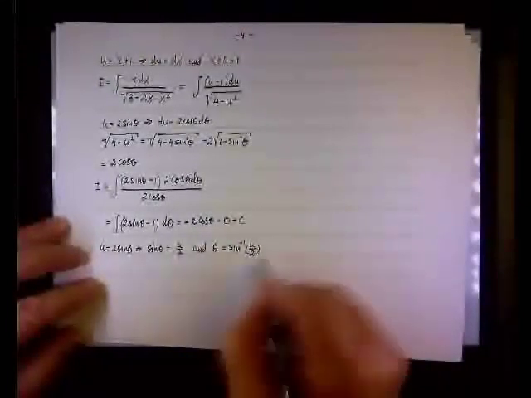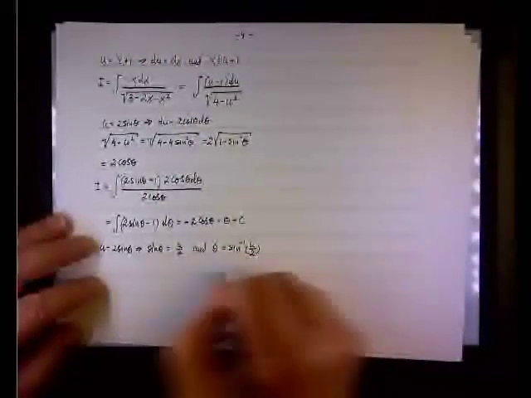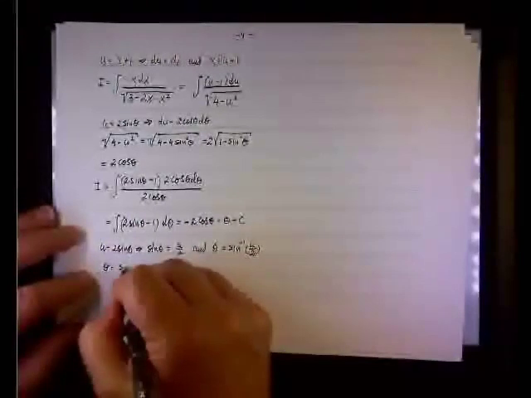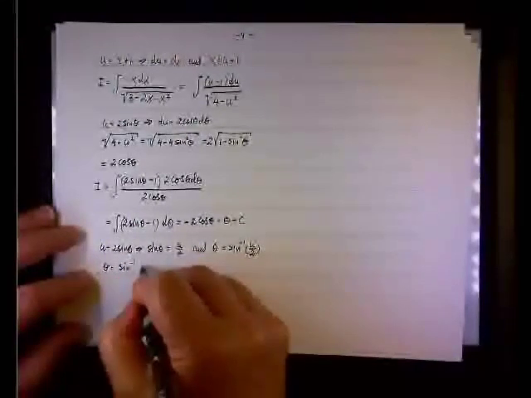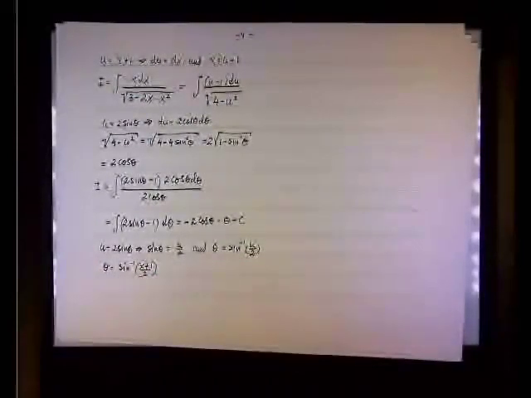Okay? And of course, u is x plus 1, so theta equals the inverse sine of x plus 1 over 2, like so. Okay, what about the 2 cosine theta?